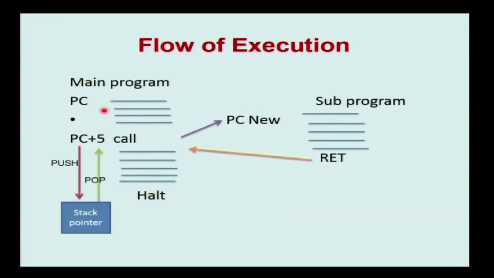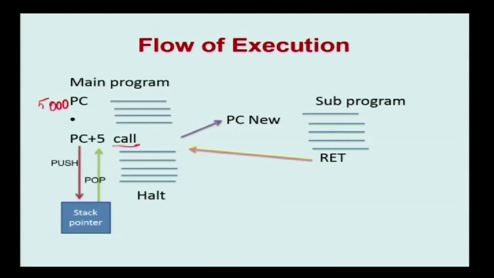When we want to execute the program, first we have to load the starting address into the program counter. Suppose the program starting address is 5000; then 5000 is loaded into the program counter. After starting, the execution proceeds automatically. The address is increased by 1, then it takes the next instruction and executes it, continuously executing the instructions.